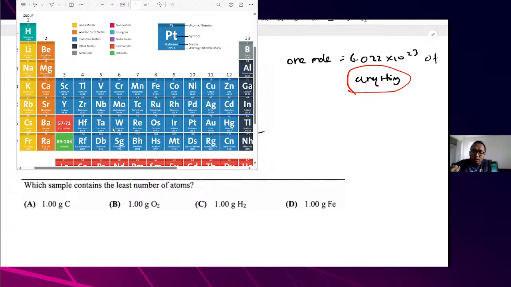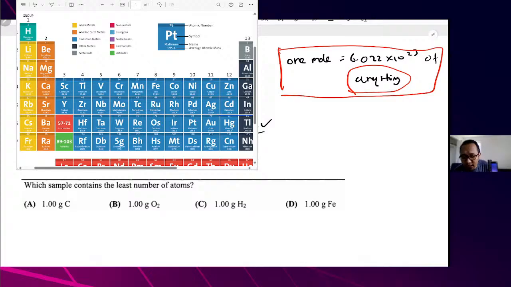It might be marbles, atoms, molecules, or many other things. So this one is more comprehensive. Remember this concept: 1 mole is telling us about 6.022 times 10 to the 23 of anything. All right, let's go through another question.